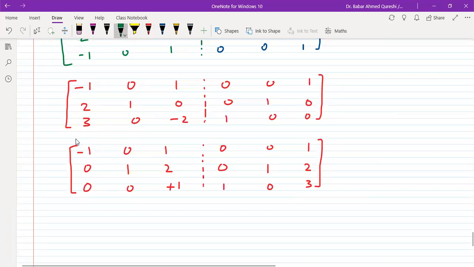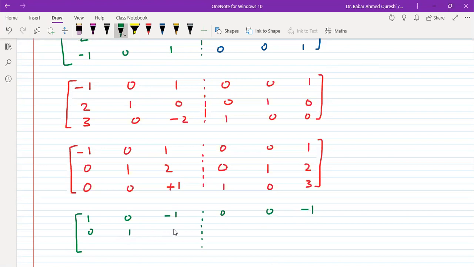Now I can multiply the row 1 by minus 1 because I'm moving towards making it an identity. They remain same.